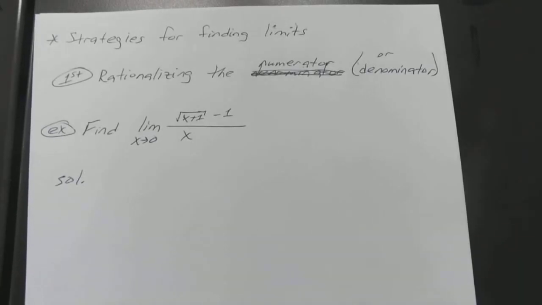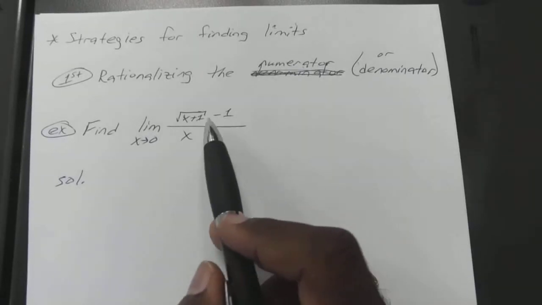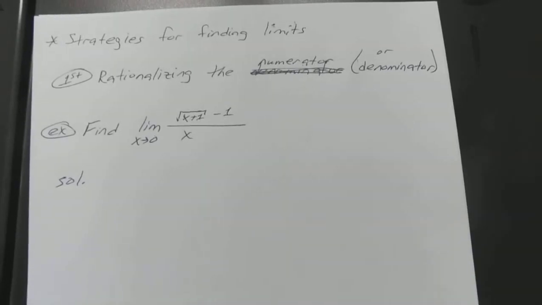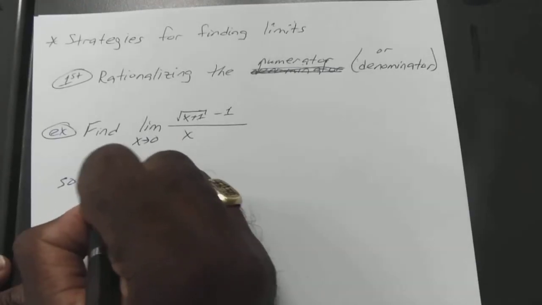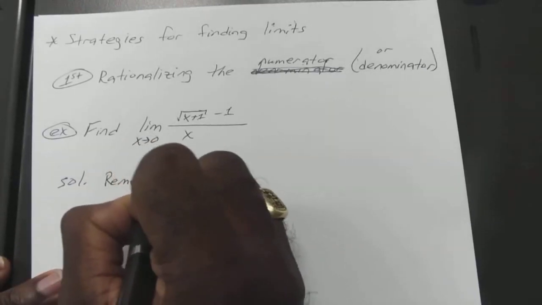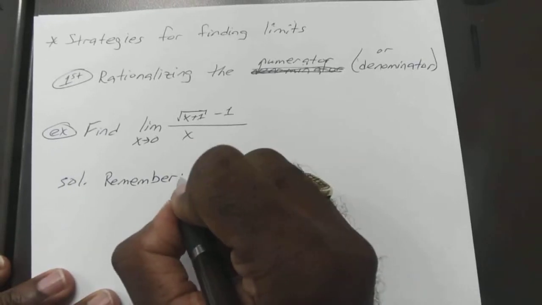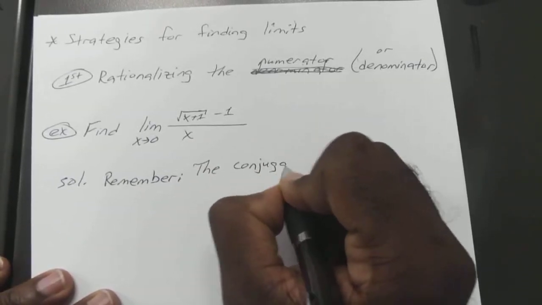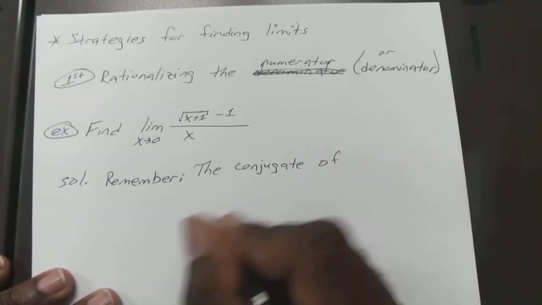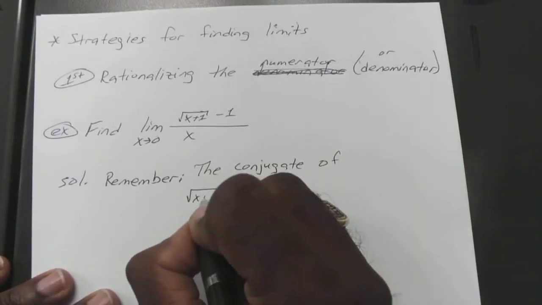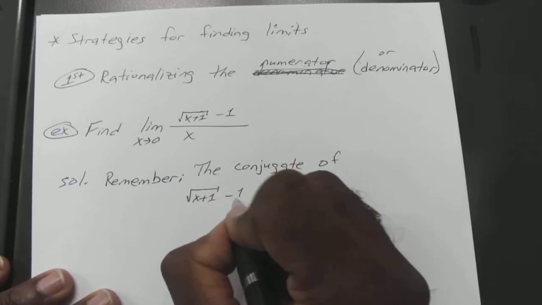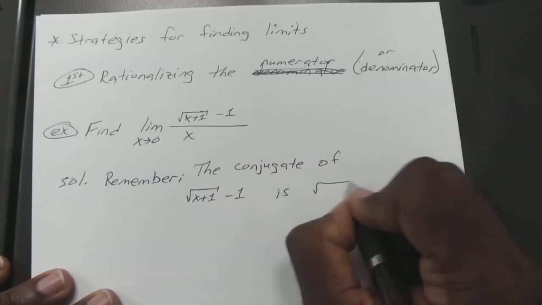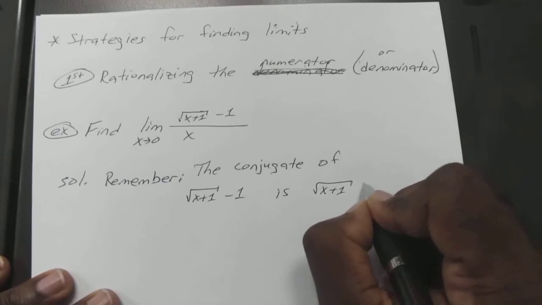Okay, so remember, when you want to rationalize either the numerator or the denominator, you have to multiply it by its conjugate. The conjugate is just the same two terms, but you use a different sign. So the conjugate of square root of x plus 1 minus 1 is square root of x plus 1 plus 1.